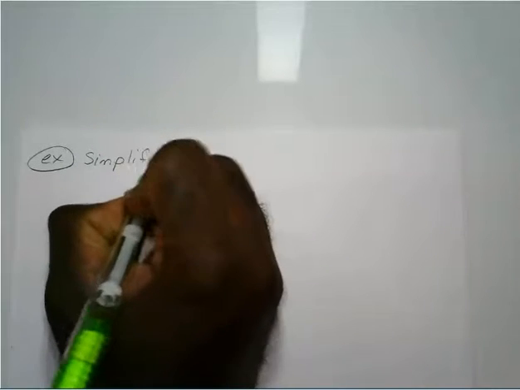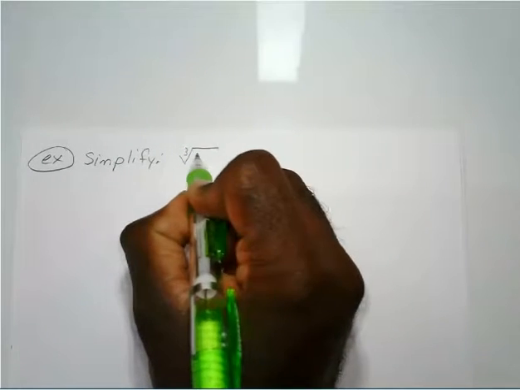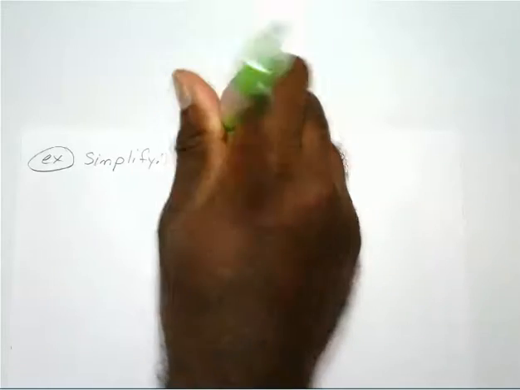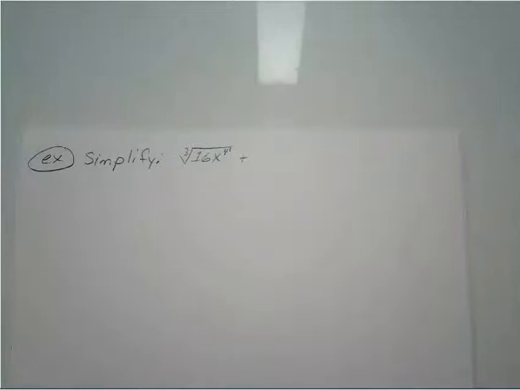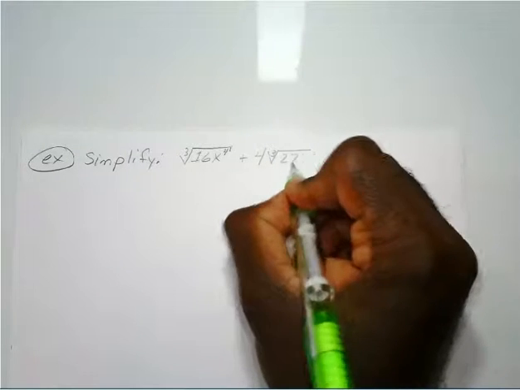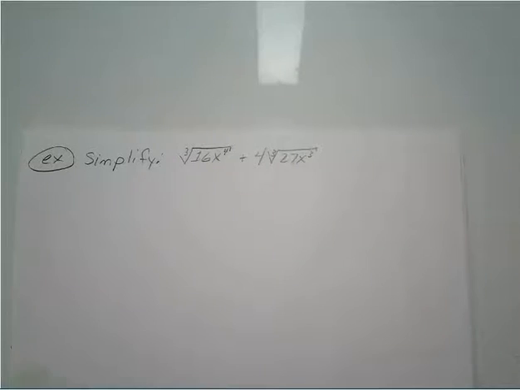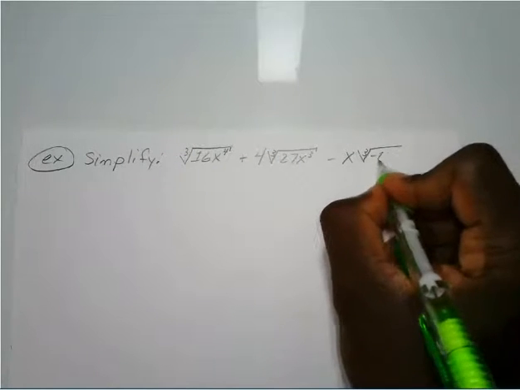Alright, so let's say we wanted to simplify, say, the cube root of 16x to the 4th power, plus 4 times the cube root of 27x to the 3rd power, minus x times the cube root of negative 128x.